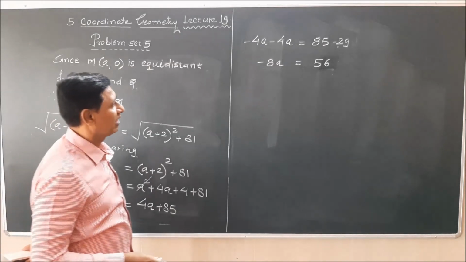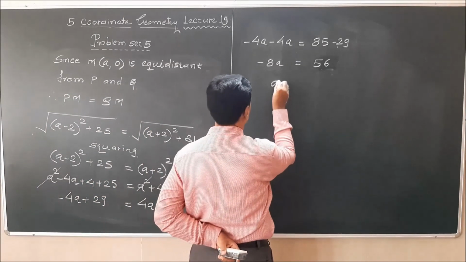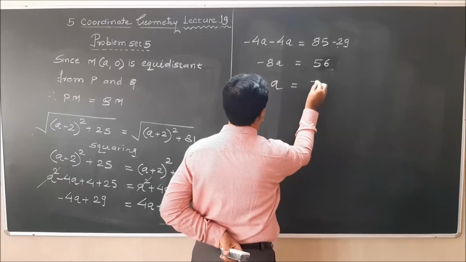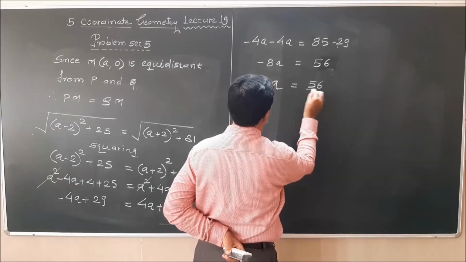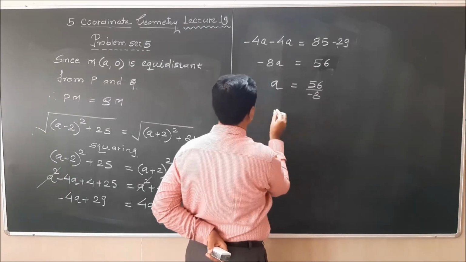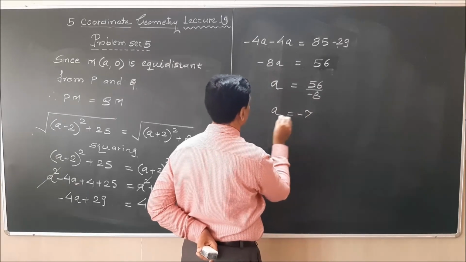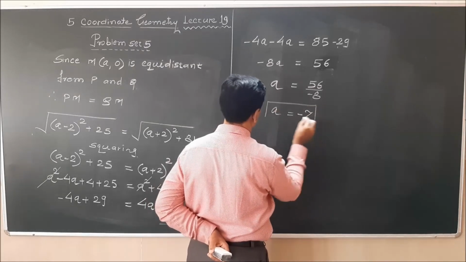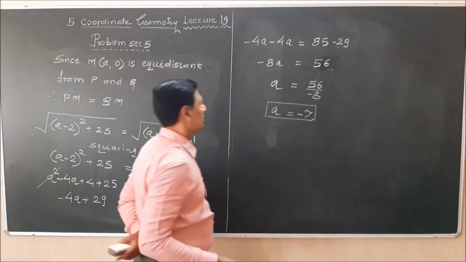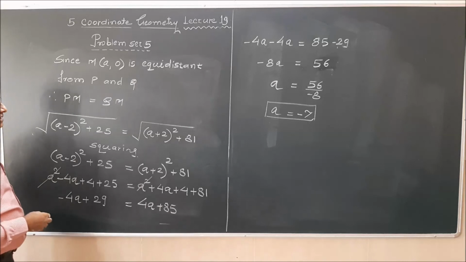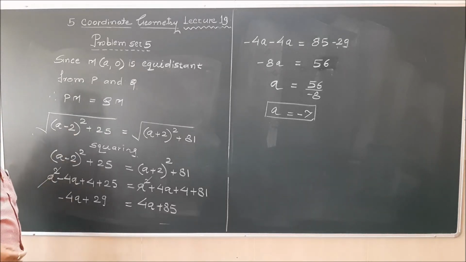We have to find out the value of a. So a is equal to 56 upon minus 8. So you get a is equal to minus 7. So this is how you will find the value of a. Our question is to find out the coordinates of M. We have taken the coordinates of M as a comma 0.